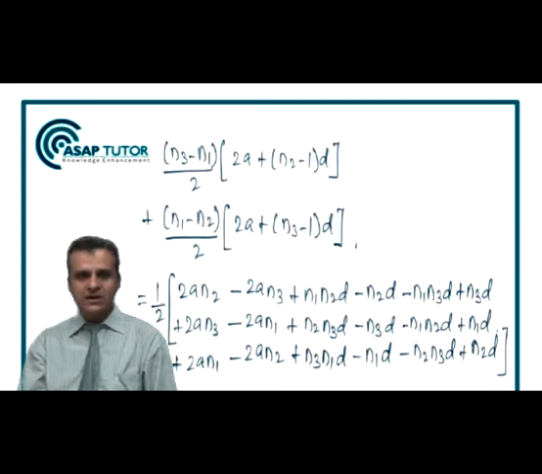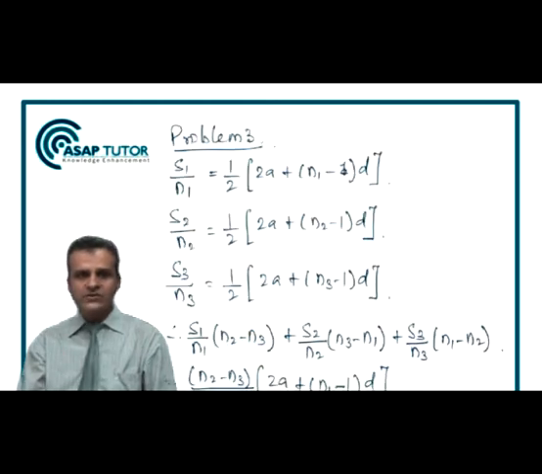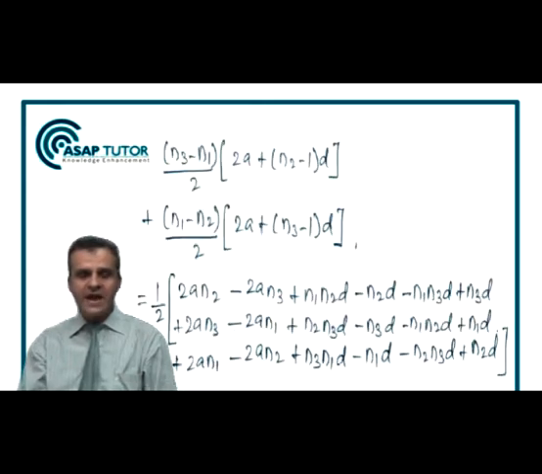Now solving this, we can take 1 by 2 common from here. If we take 1 by 2 common, in the first one we get 2a plus n1 into d minus d. So here 2a n2 and minus 2a n3, plus solving the first expression, similarly solving the second expression, and the third expression.